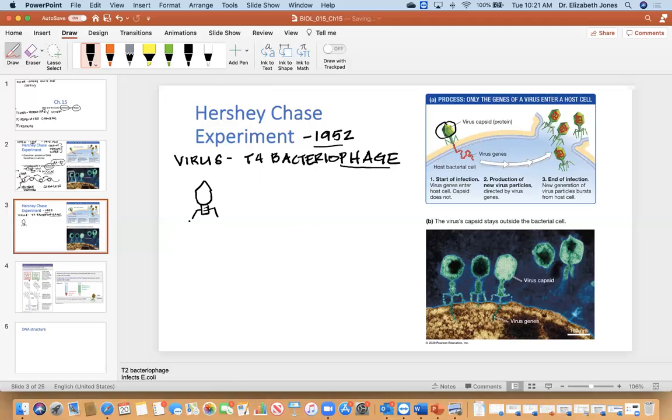And what happens is this virus that looks kind of like a spaceship, and yes, it really does look like that. What it will do is this outer part here that I've drawn for you, it is called the capsid, and you can think of it as a capsule, okay? Think of it as an empty space, and it is made entirely of protein.